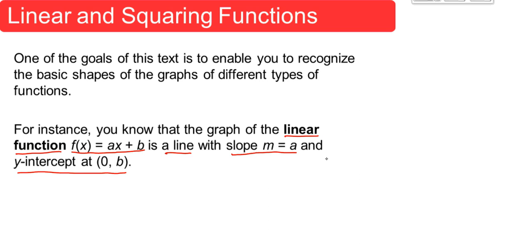It has a domain, D, which goes from negative infinity to positive infinity, when it is a linear function. The only line that's not a function is a vertical line.